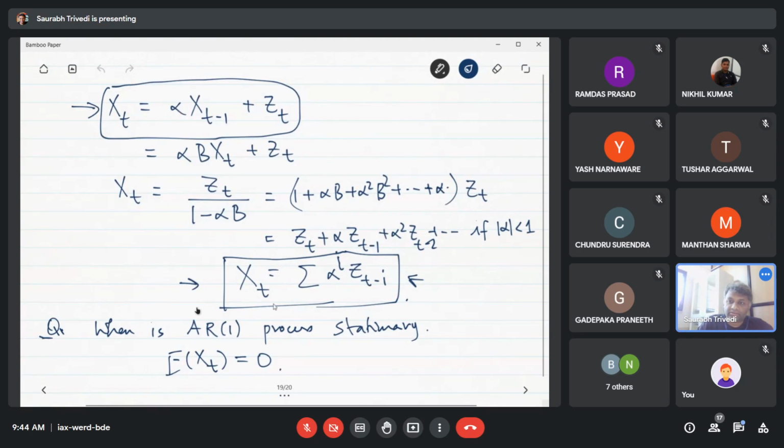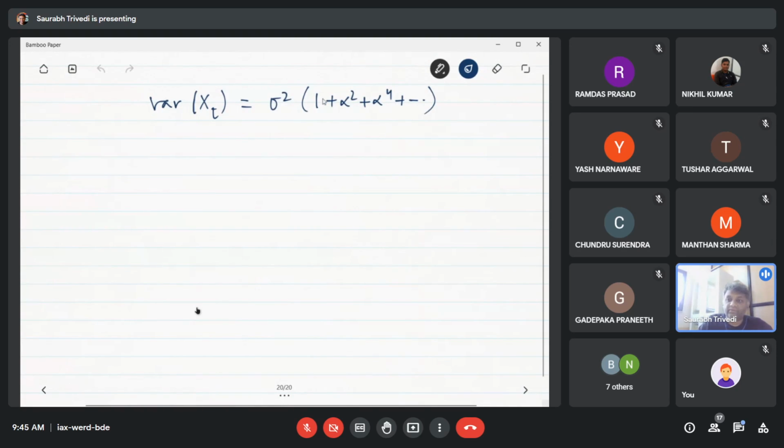All you have to do is to take the expectation of xt squared. So when you do the expectation of xt squared, we will get sigma squared times 1 plus alpha squared plus alpha to the power 4 and so on. So when will this converge?